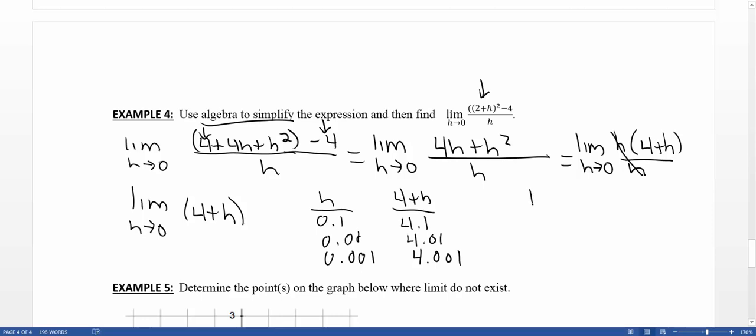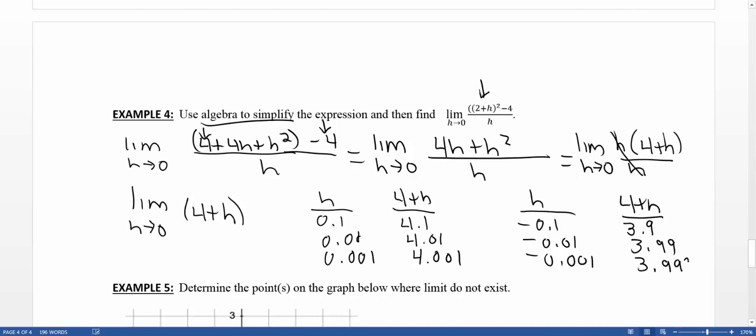When I consider what happens as I approach 0 from the left, so again, I'm on the negative side of 0 on that number line, I'll have -0.1, -0.01, -0.001. When I plug that into 4 + h, I'm going to get 3.9, 3.99, 3.999.